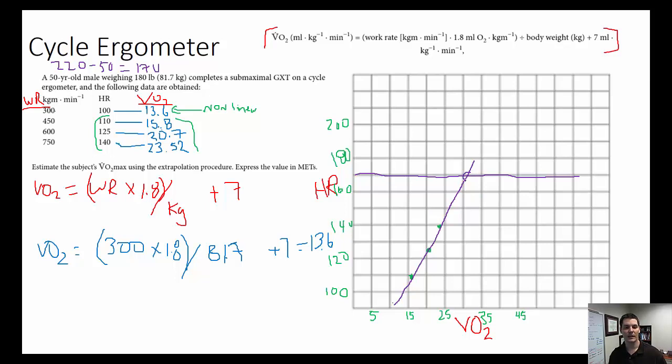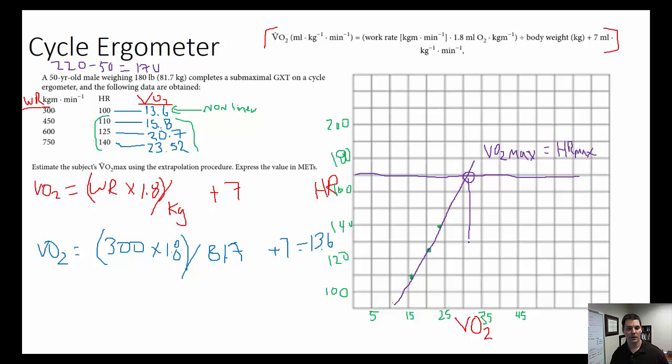Next, what we're going to say is, okay, assuming that heart rate max occurs at the same time as VO2 max. So again, we're going to assume that VO2 max occurs at heart rate max. And so we have our heart rate max of 170.